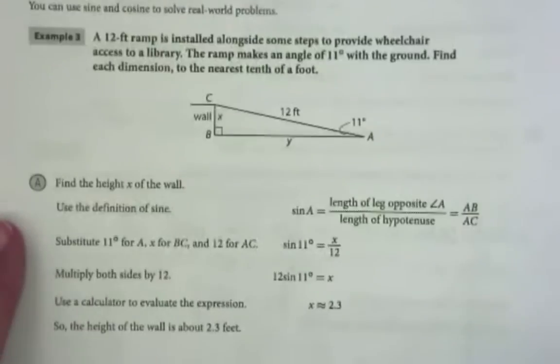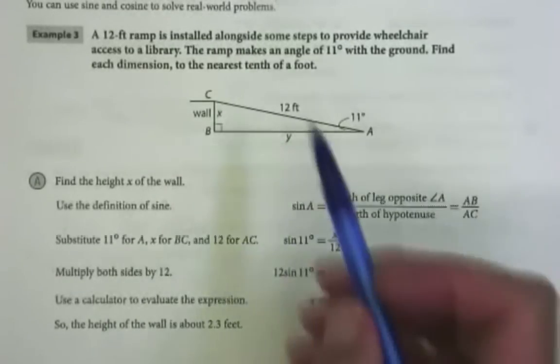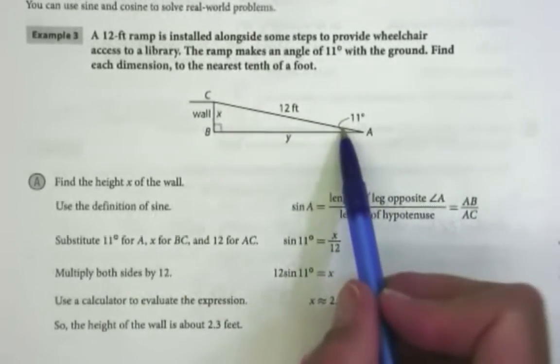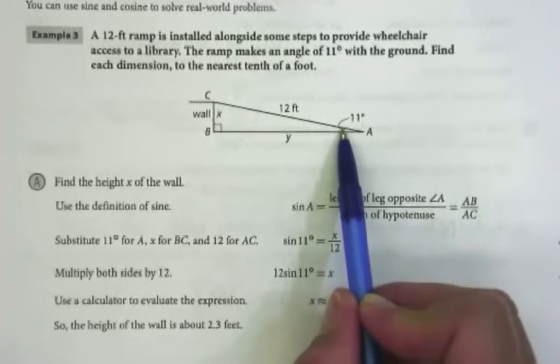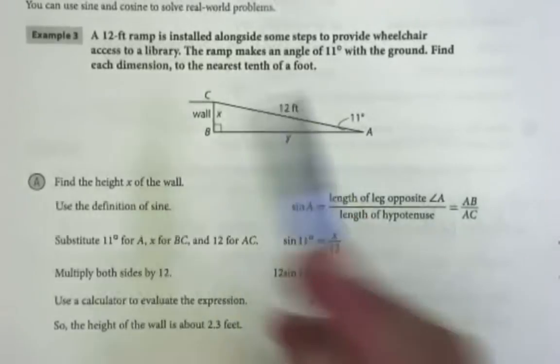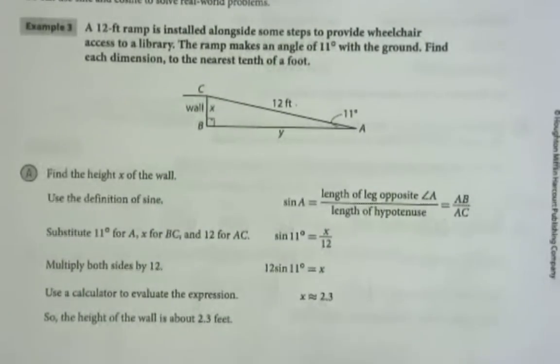Now we're getting to the meat of the lesson, using the sine and the cosine to find lengths in triangles. And in part A, since the x that I'm trying to find is opposite the angle that I'm given, and since I'm given the hypotenuse, I would use sine in order to find the value of x, which is what they did here.